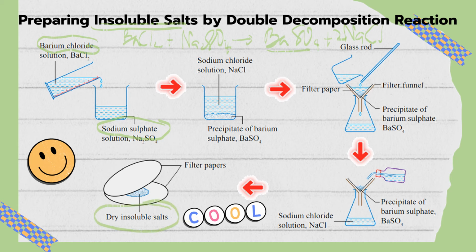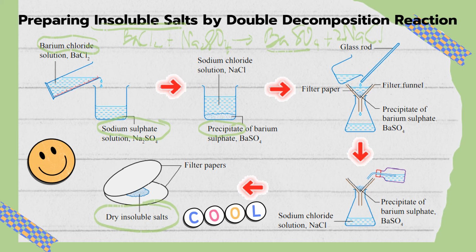So you add two different solutions here, barium chloride solution and sodium sulfate solution. Immediately when you add these two, it will produce a precipitate. The precipitate is actually barium sulfate. So next, you just filter the mixture.